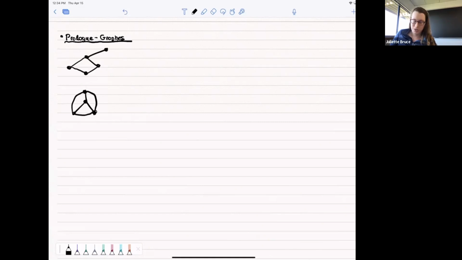Or maybe even something with more vertices. So maybe I want to do something with a pentagon. Okay, let's try to clean this up a bit. Here, I have these outside 5 vertices and then a central one, and I am connecting them up with some edges.